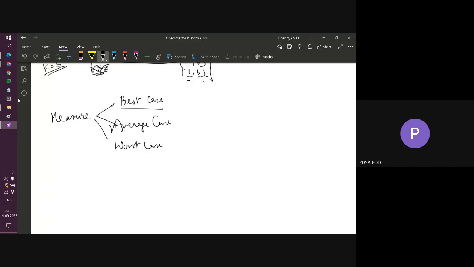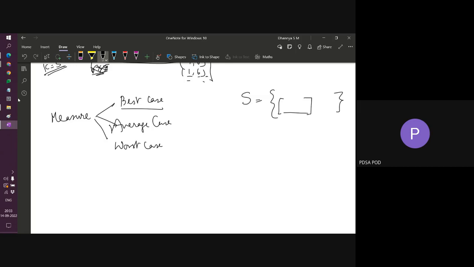You have this sample space of all possible inputs to this algorithm, and you have a subset of inputs which will give the output in a time which is the shortest among all possible inputs. So this is the best case performance, the best case time taken by that algorithm, right? The particular input in which it takes the shortest amount of time.